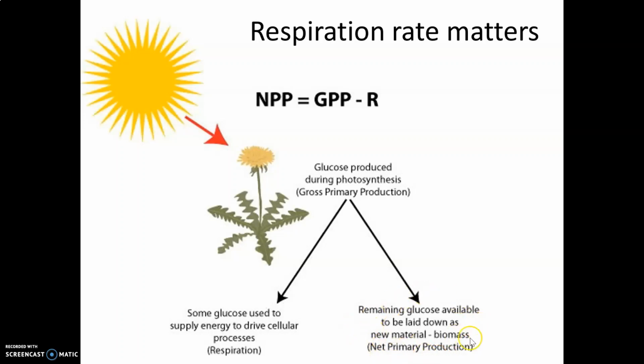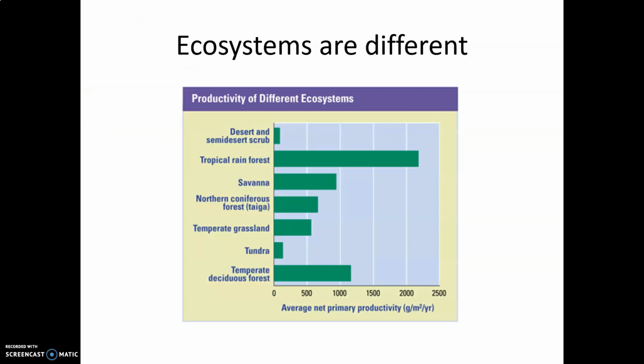So this is what is left for the next trophic level in the energy pyramid or in the food chain. So what is left is what was produced in photosynthesis minus what is used by the plant itself in respiration.